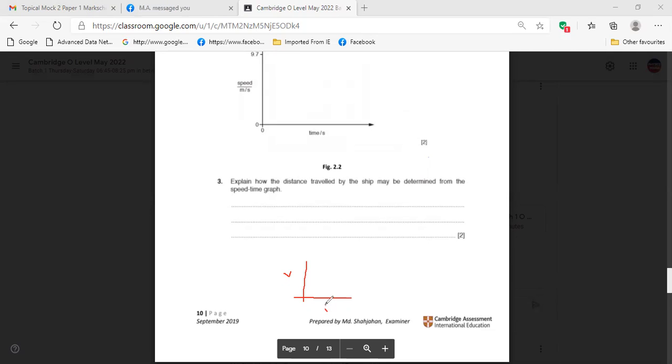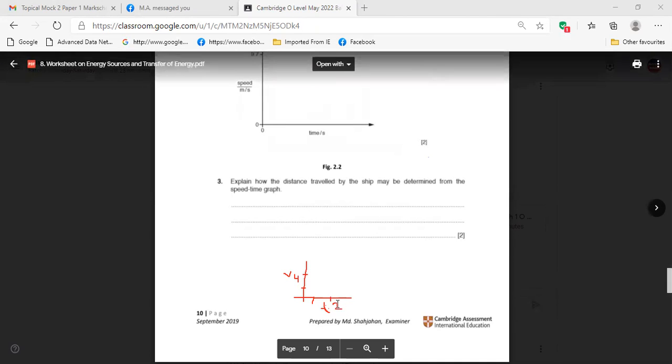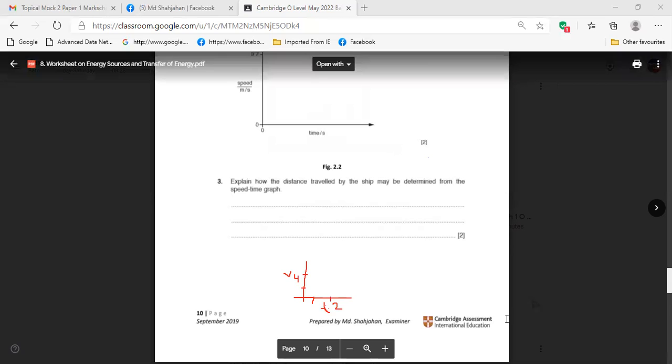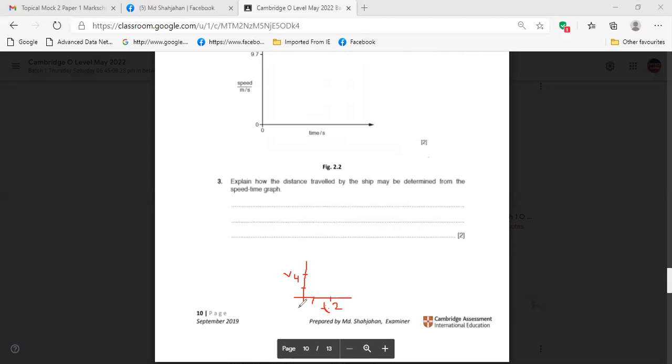If it's a speed-time graph, for example an object going for 2 seconds, and after 2 seconds the speed is 4. Here is 1 second, and this is 2 seconds.